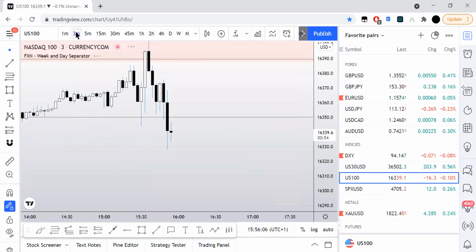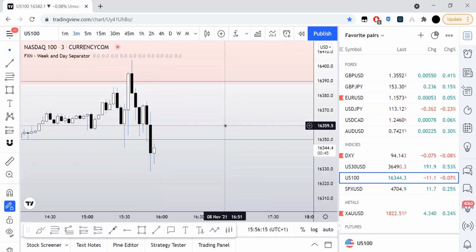I'm just scaling down time frames to see how this should look.